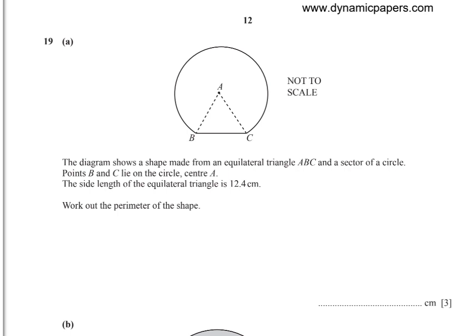Because this is an equilateral triangle, the sides are equal, so this side is 12.4, 12.4, 12.4. And because it is an equilateral triangle, the angles are equal, so this angle is 60. So you can deduce that the angle of the sector is 360 minus 60, so 300. So now we need to find the perimeter. So this segment BC plus the arc.